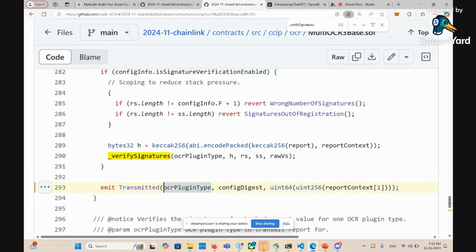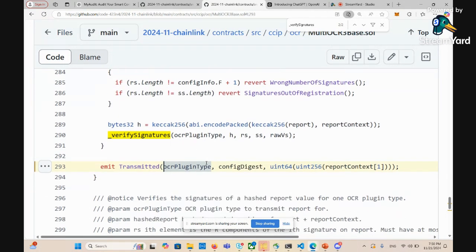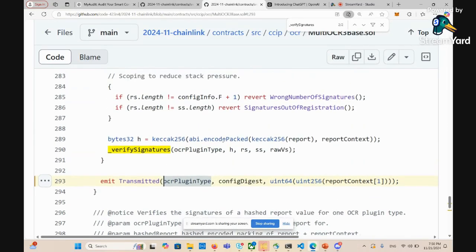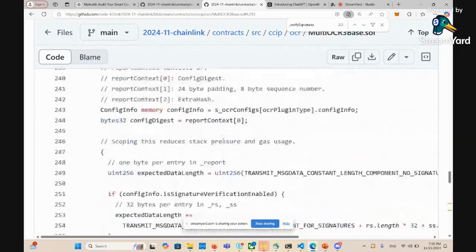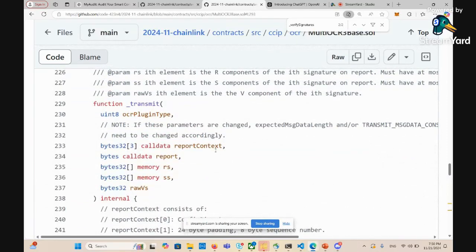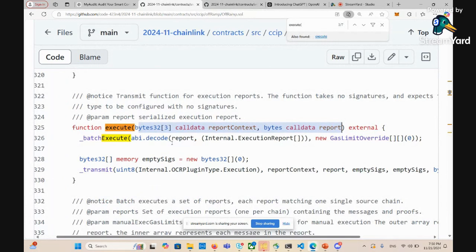You can know whether it's by commitment or by execution based on what plugin is used over here. So this plugin basically combines two versions of transmit into one function. So it's a polymorphism basically.